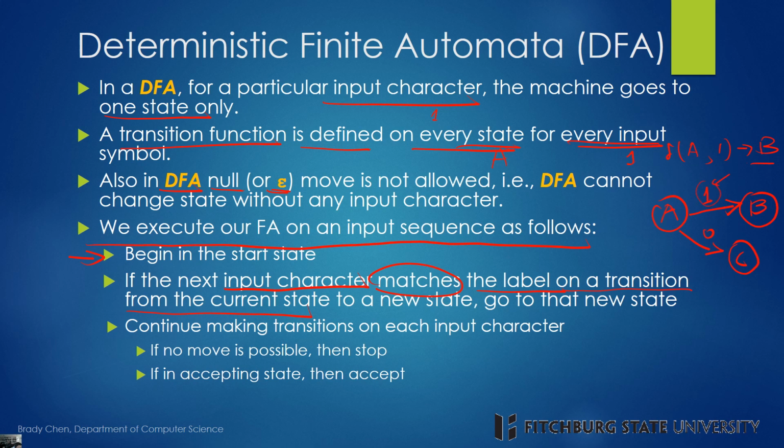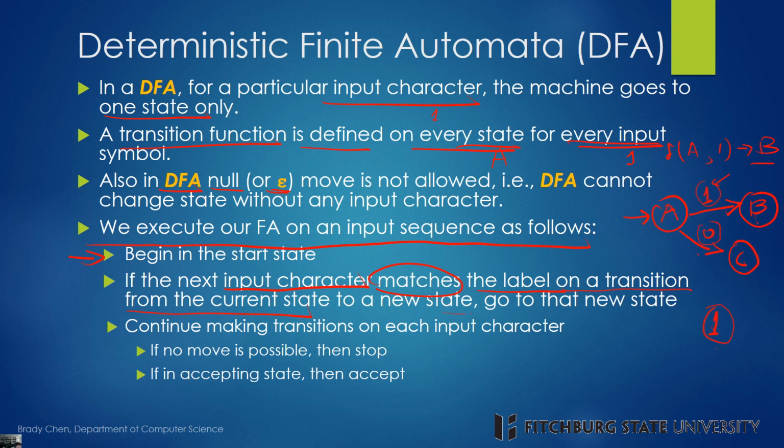Now if the next input character, okay, if that's the start state, that means the next input character is the first character, right? Then if the input character is 1, from the current state, the label 1 goes to state B, label 0 goes to state C. Then the next input matches the label on the transition from the current state to the new state.